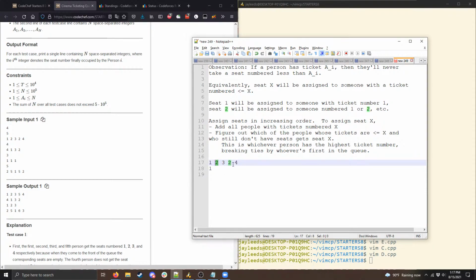They have the same ticket number, but this person is first in the queue, so they get the seat. Now when we assign seat 3, these 2 people are eligible. Notice that person 2 is still eligible because they didn't get seat 2. But 3 is a higher ticket number, so they get the seat. Now, these 2 people are eligible, but 4 has a higher ticket number, so they get the seat. And finally, we have seat 5. This is the only person eligible, so they get the seat.